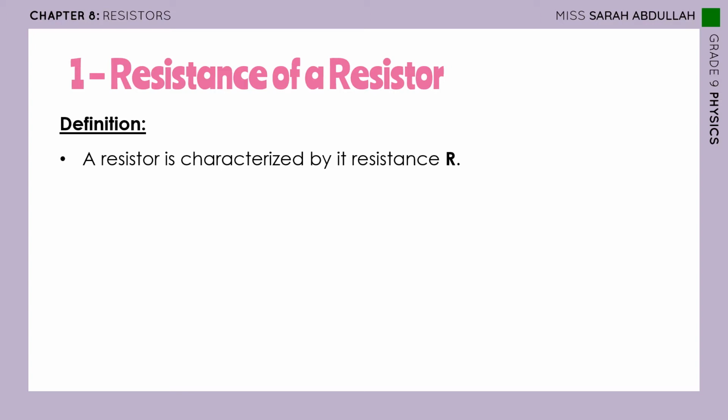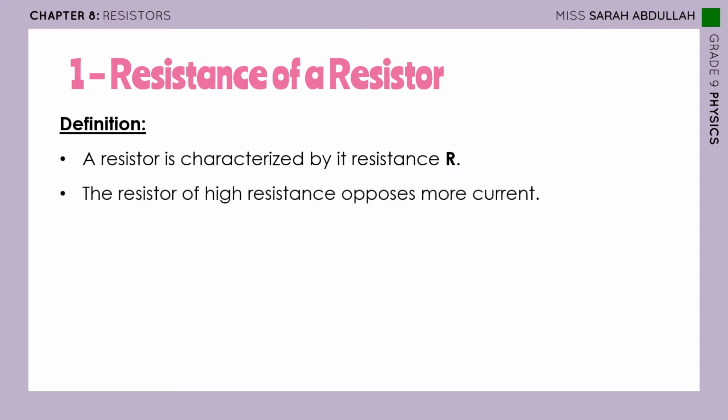How can I distinguish between one resistor and the other? Simply by their resistance. Each one will have a different resistance. This is actually a value, a number. And one more thing is that a resistor of high resistance opposes more current. So if the resistance is really high, it means that it opposes much more current, so I will have less current flowing in the circuit.